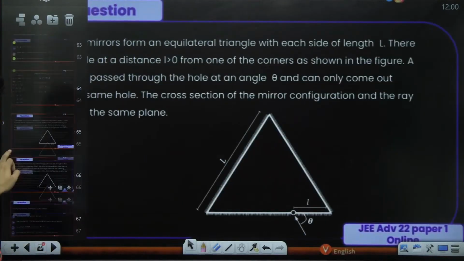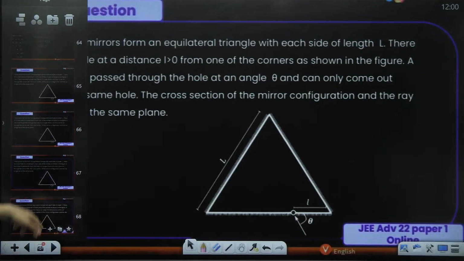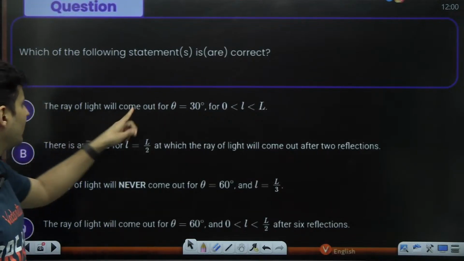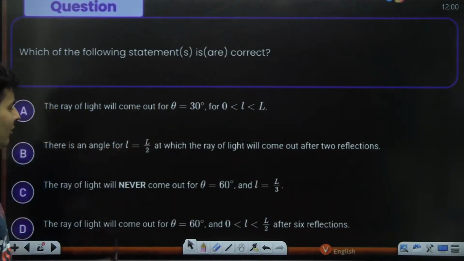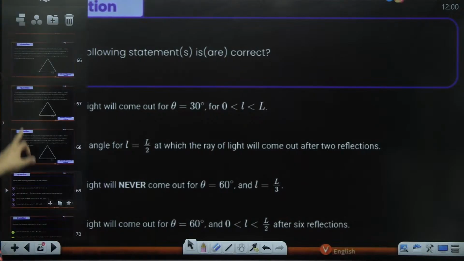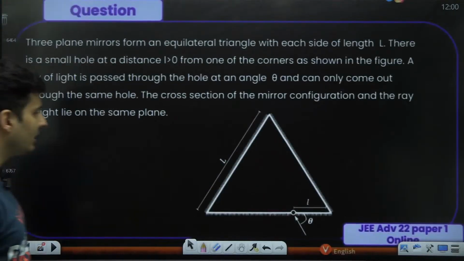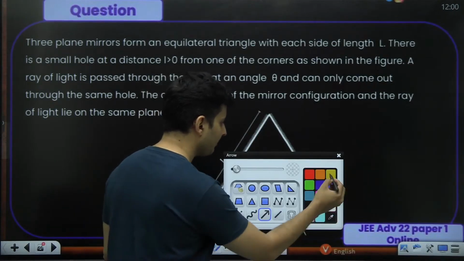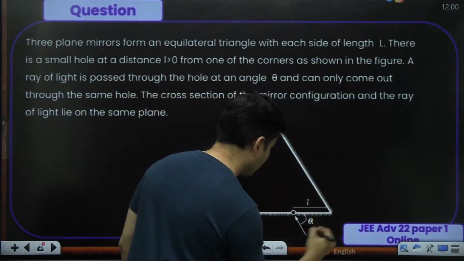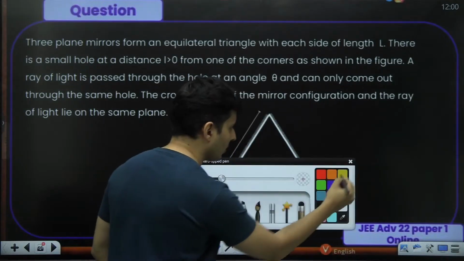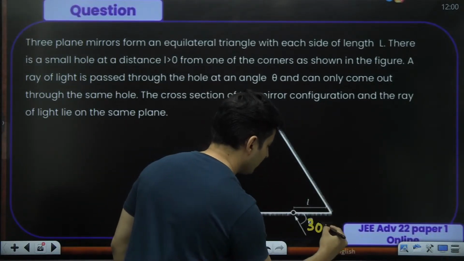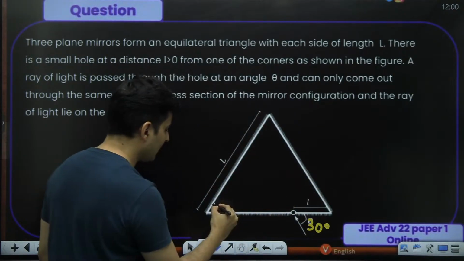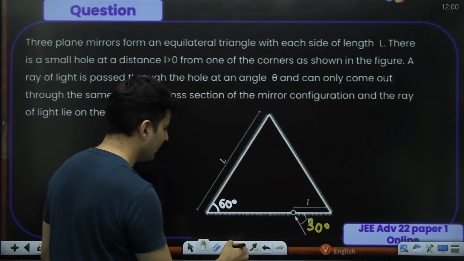So some scenarios are mentioned, so let's treat each scenario differently. What is the first scenario? Theta is 30 degrees. The ray will come out for theta equal to 30 for some length up to the maximum length. If it is 30 degrees, very interesting thing, guys: first of all, realize this is an equilateral triangle, so this angle is going to be 60 degrees.